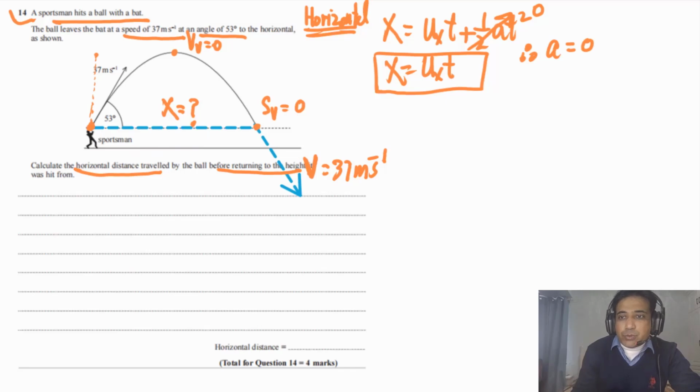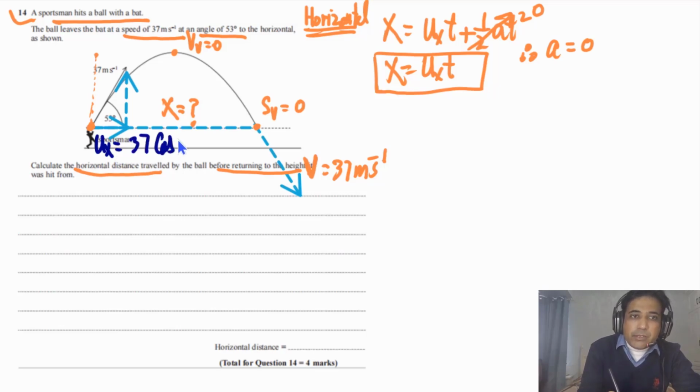How can we calculate ux? We can simply resolve the initial velocity into two components. This is the horizontal component, and here we have the vertical component. The horizontal component, in this case ux, will be equal to 37 cosine of 53 degrees, and this will be equal to 22.3 meters per second.